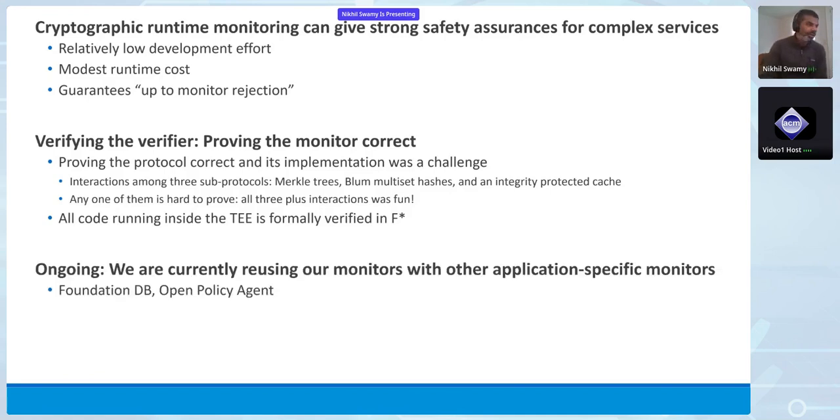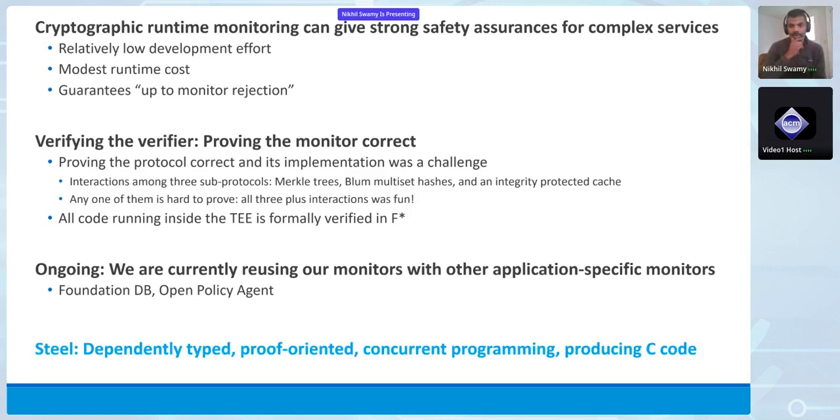We're currently scaling up our work to apply beyond key value stores to other kinds of settings, like FoundationDB, a transactional store. And this paper is also a case study in the use of Steel, a dependently typed, proof-oriented concurrent programming language that gives you C code. So that's all I had. I'll stop there and see if we have some time for questions.